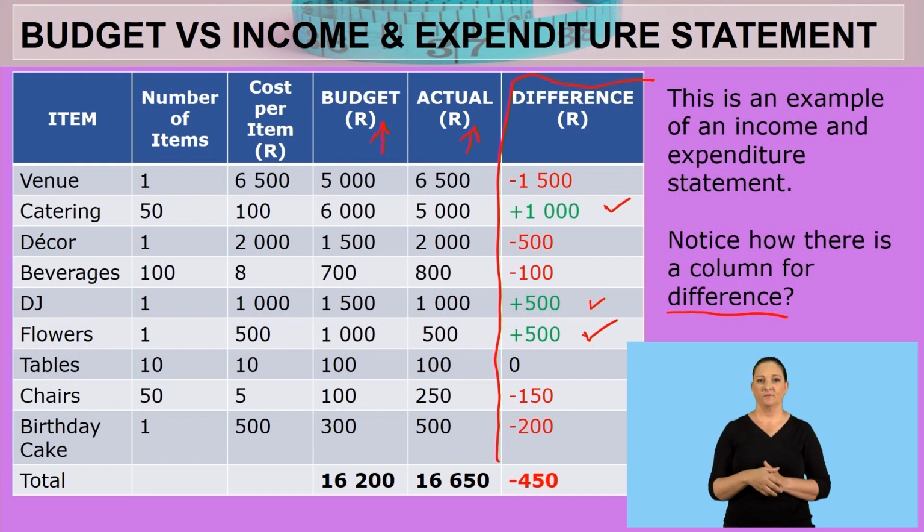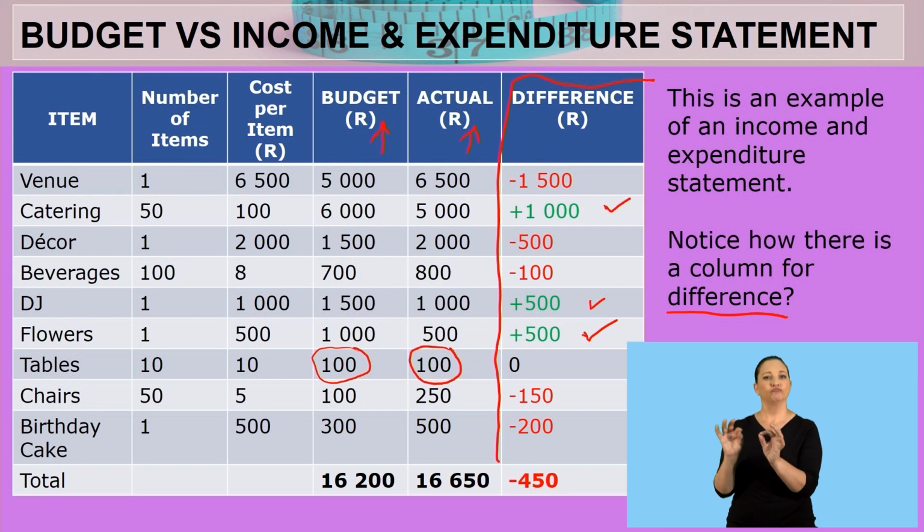And that is the case when the budgeted amount, in this case 100 Rand, and the actual amount, also 100 Rand. And if we subtract those, we get 0, which means we budgeted 100% accurately. Chairs, minus 150, another deficit, and the birthday cake, minus 200 Rand. That is also a deficit.